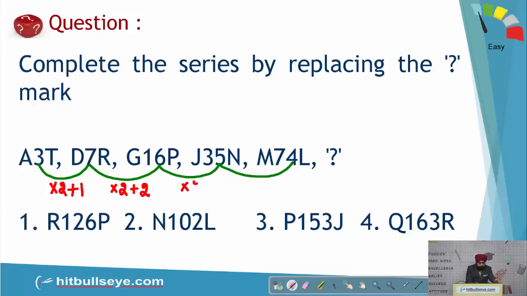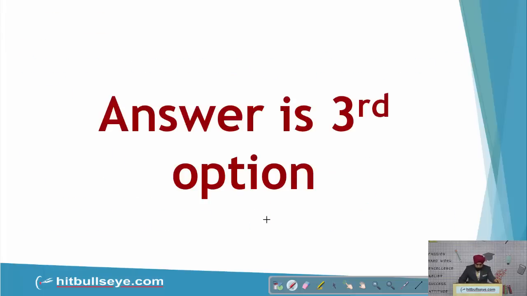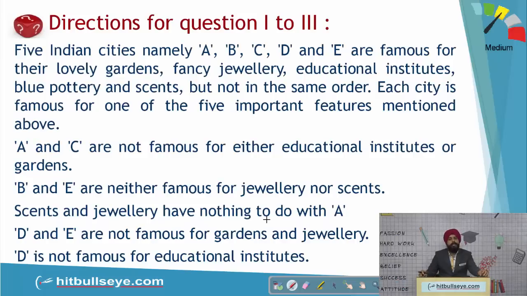Then 16 into 2 is 32 plus 3. Then 35 into 2 is 70 plus 4. Now it will be into 2 plus 5. So twice of 74 is 148, plus 5 gives you 153. So this becomes your answer. Right students?